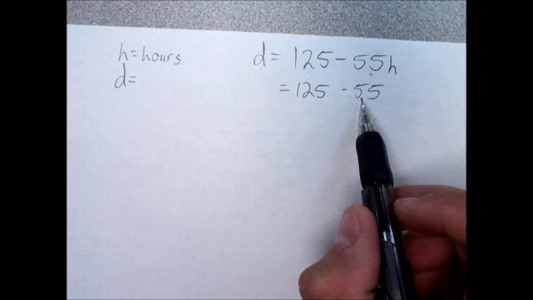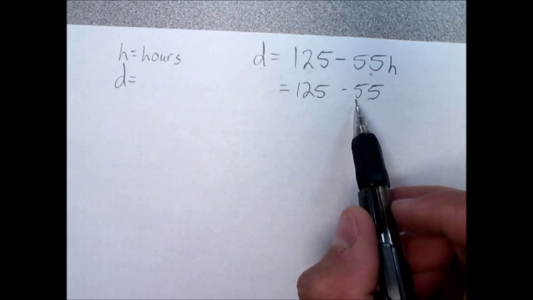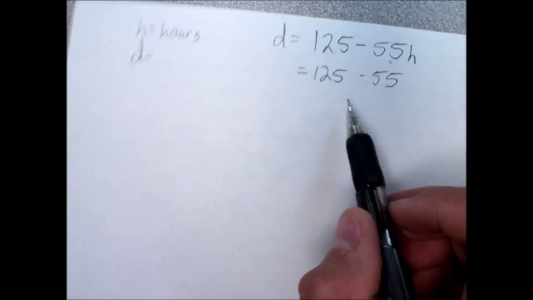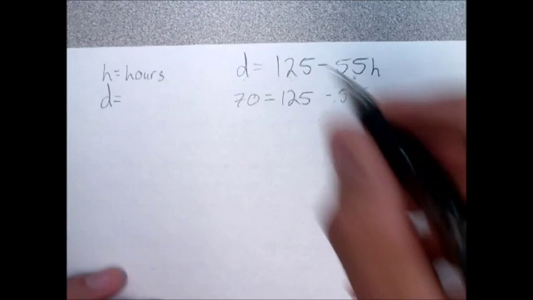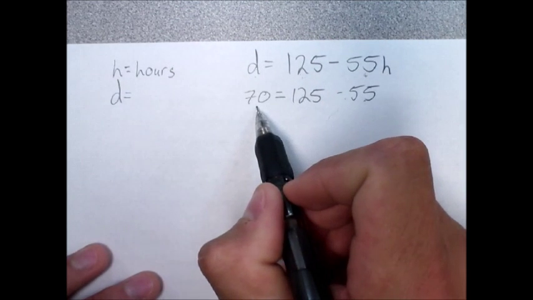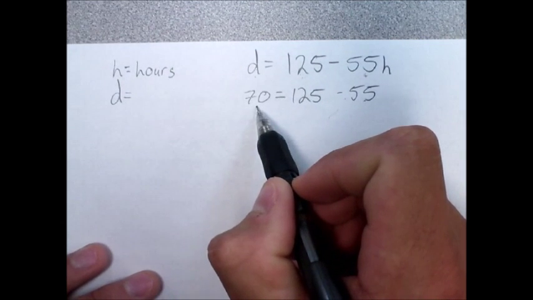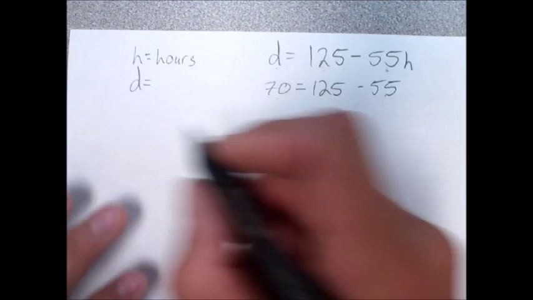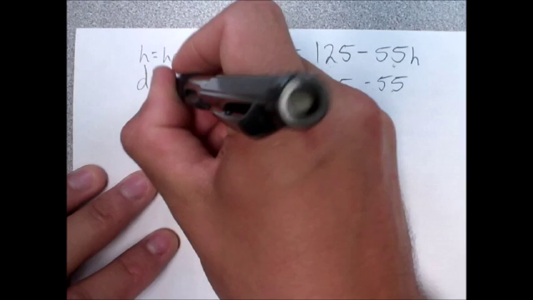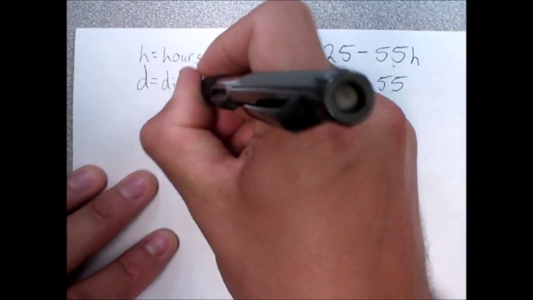What do we have left? 70. So D here would have been 70. What does 70 represent? Distance, how much he has left. So D stands for distance left to grandma's, right?